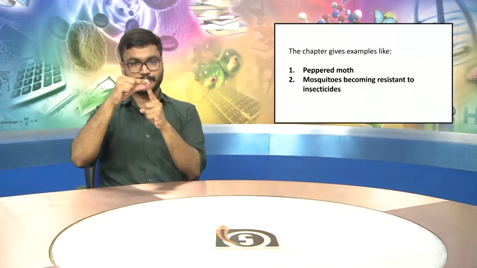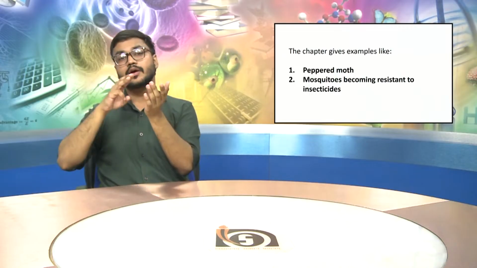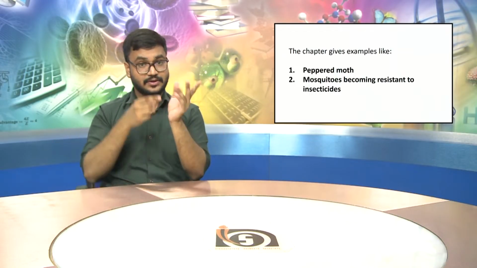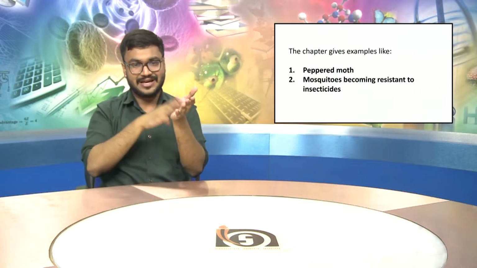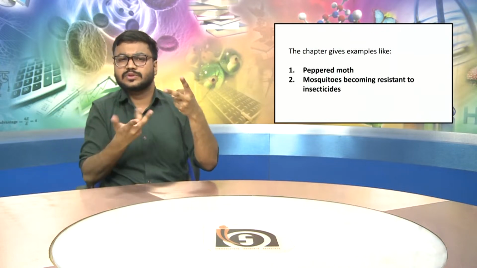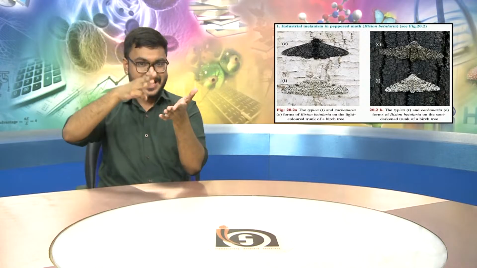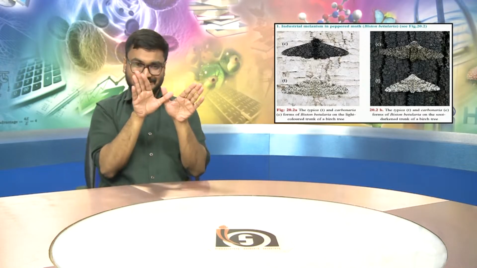This chapter gives examples like the peppered moth, and second, mosquitoes becoming resistant to insecticides. There is a picture showing industrial melanism in the peppered moth.